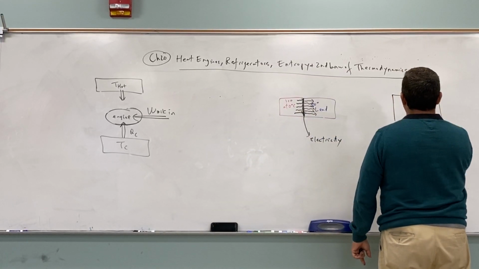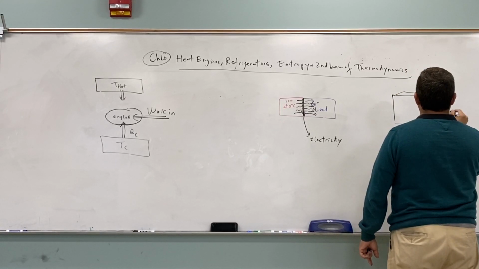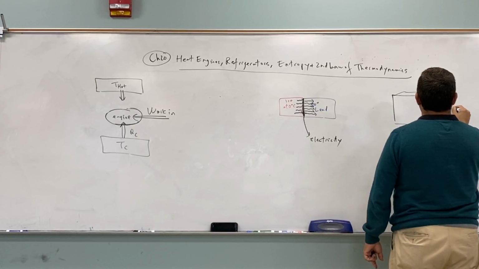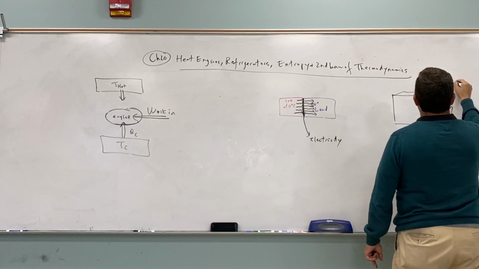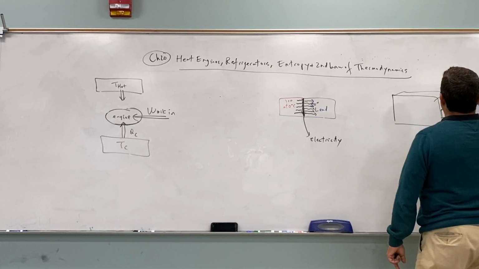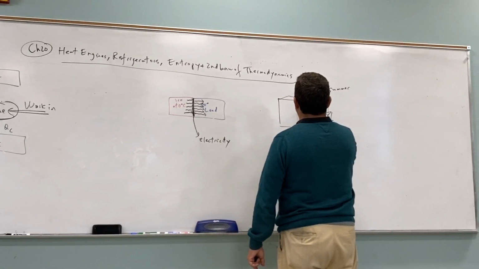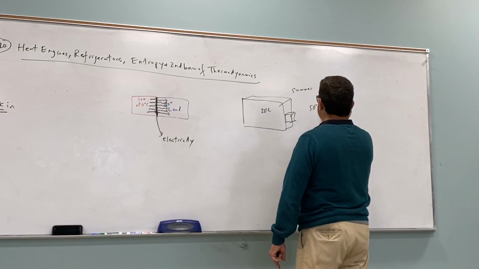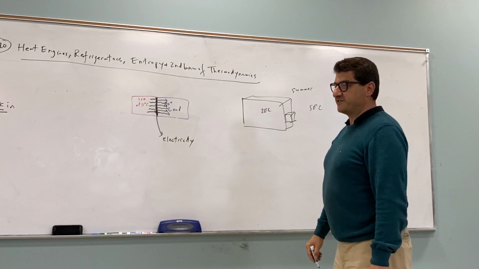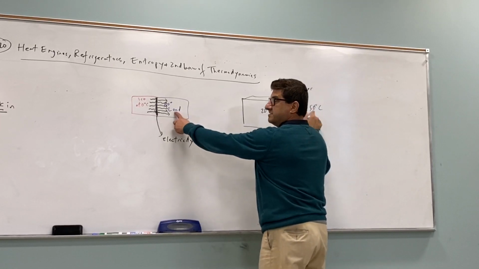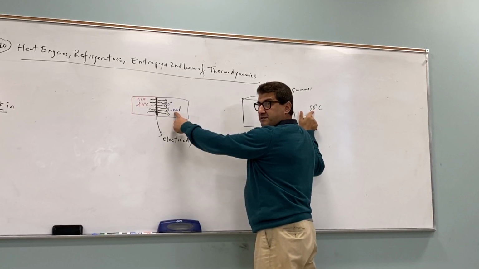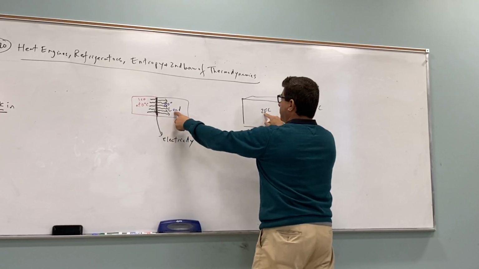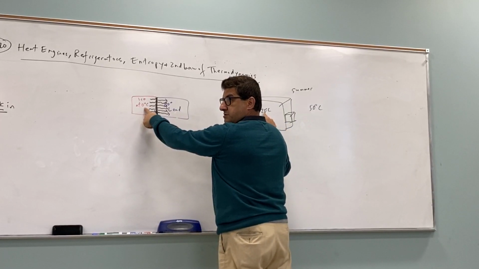Here's a room, then you have AC. Let's say on a summer day, the inside of the house is, let's say, 20, outside of the house is like 50 Celsius, Palm Springs, right? This is like the hot, you see? And this is like the cold.